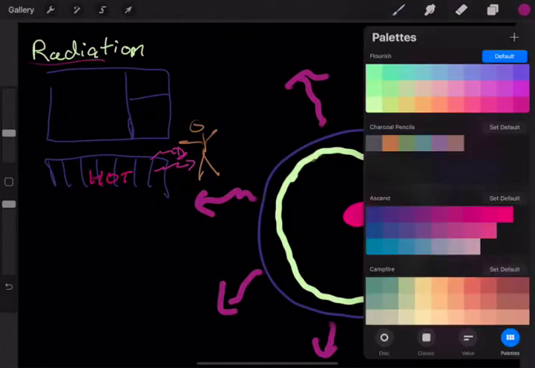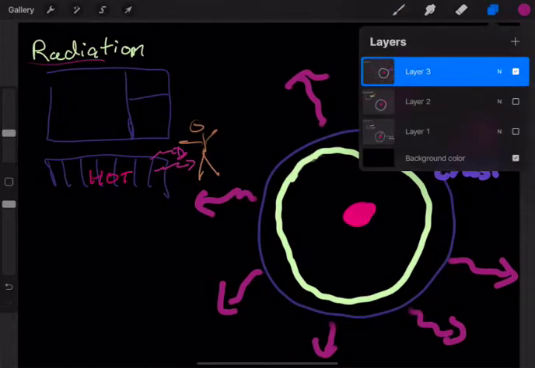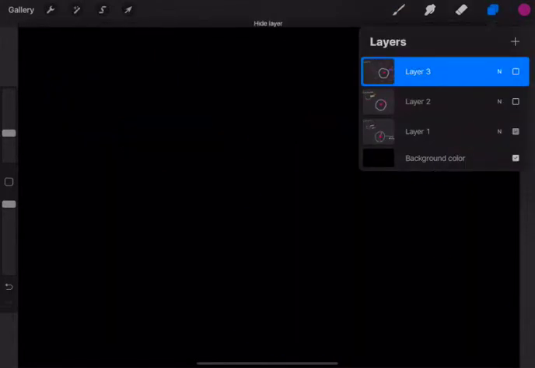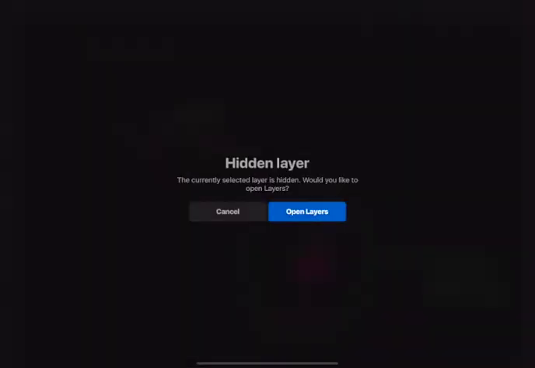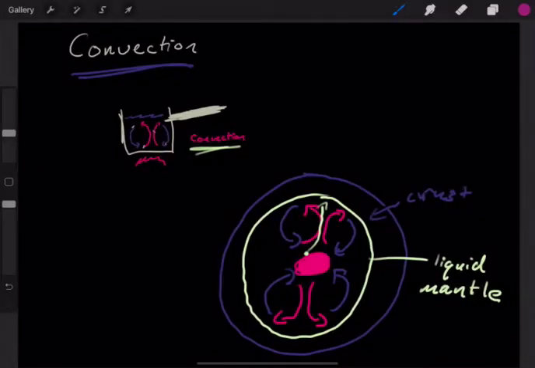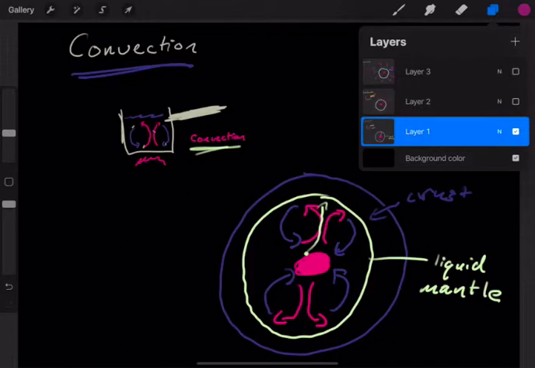So we've gone through 3 stages where the heat was moving from the inside of the Earth. Oops. Inside of the Earth. It's not letting me. There we go.